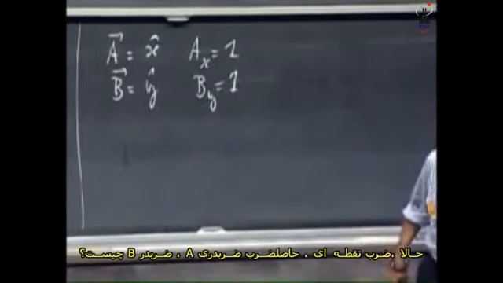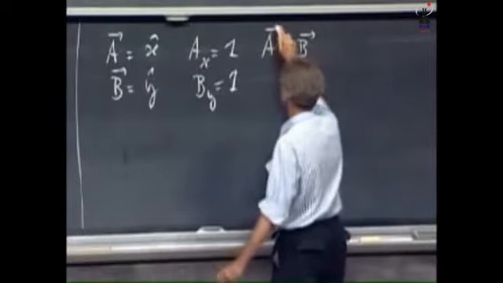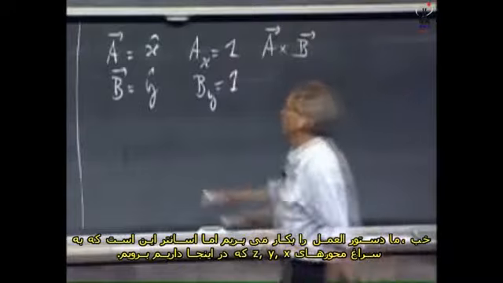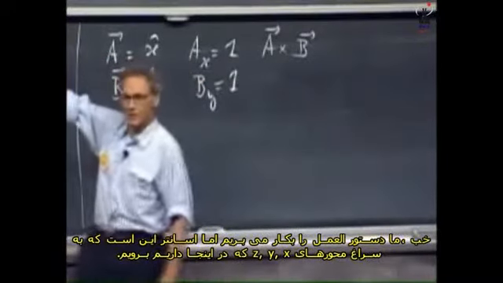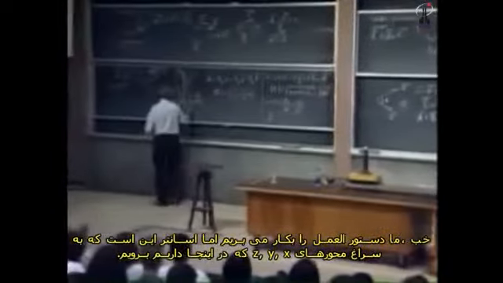What now is the cross product A cross B? Well, you can apply that recipe, but it's much easier to go to the x, y, z axis that we have here.